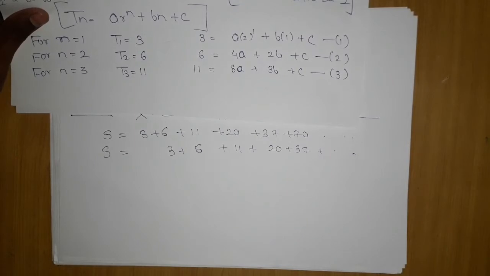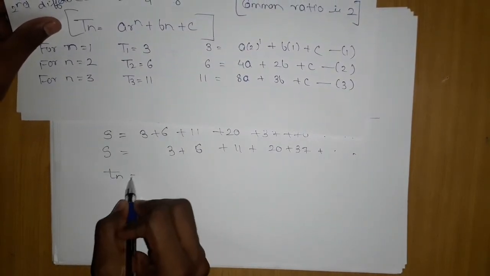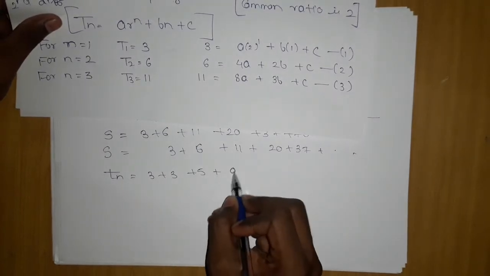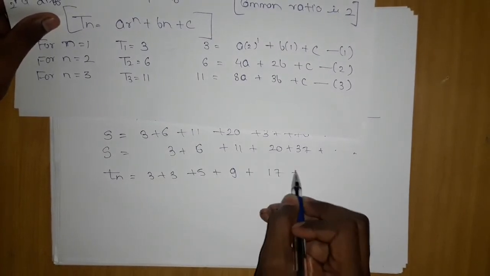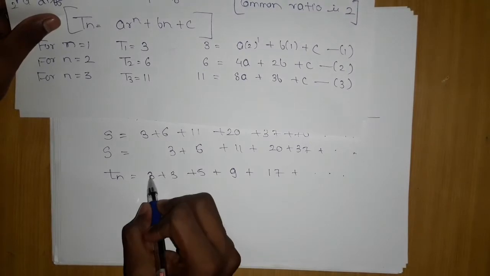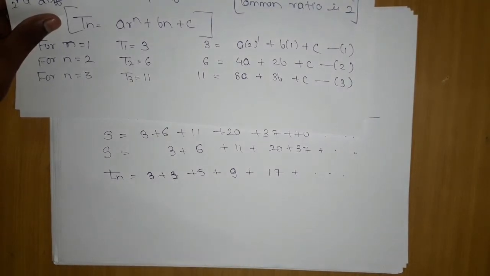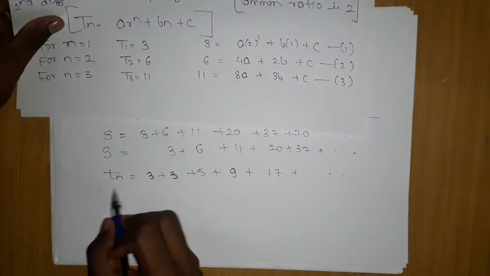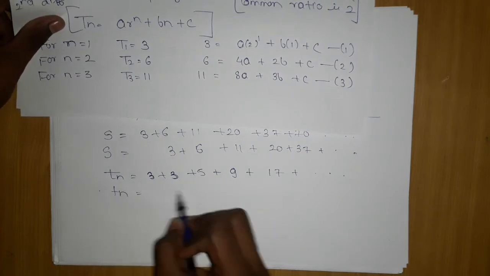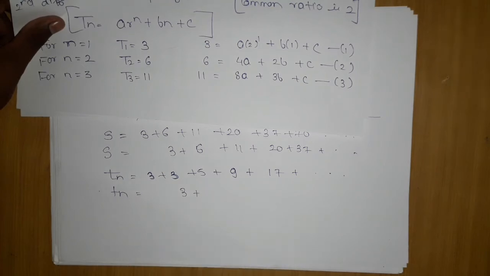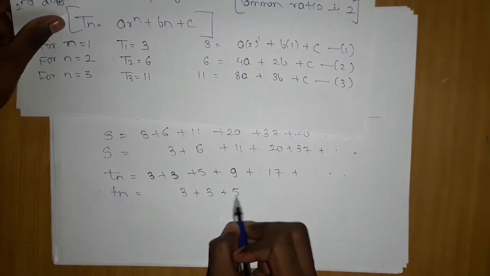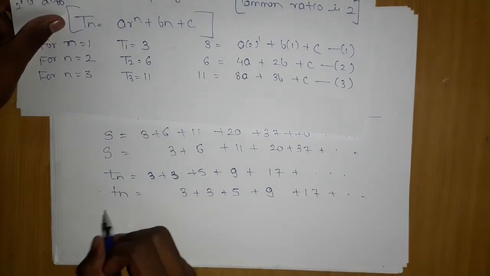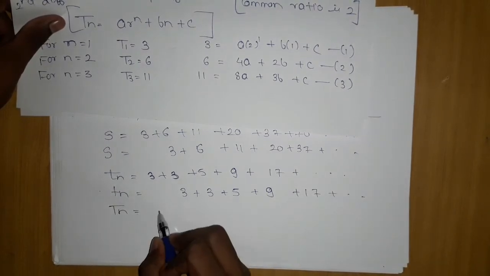Now subtract them, you will get some Tn: 3 plus 5 plus 9 plus 17 and so on. Now you cannot get them directly, so try to subtract again, get a Tn again, move it a little forward. You will get some new Tn, which will be 3.